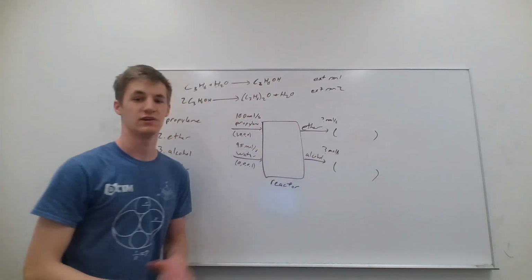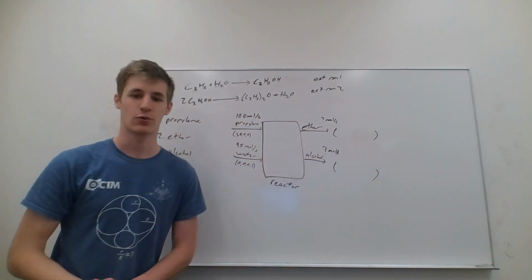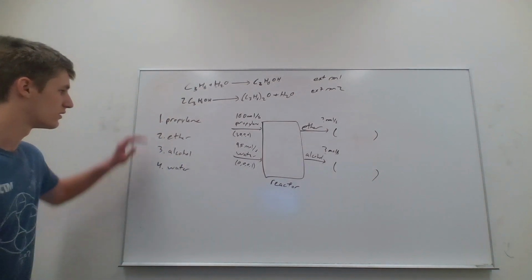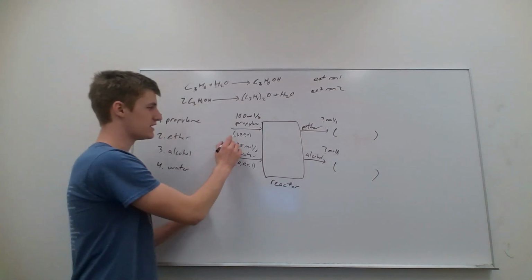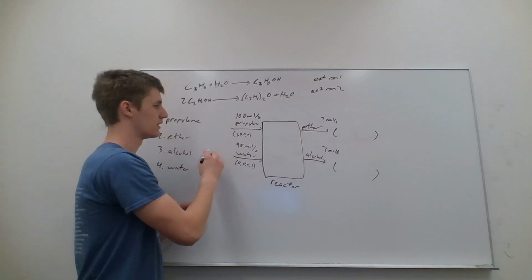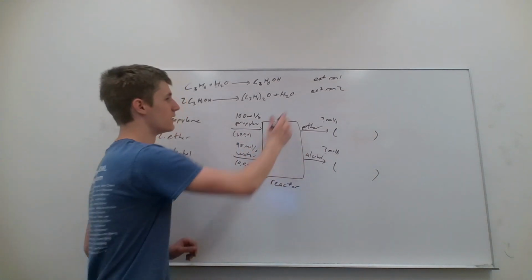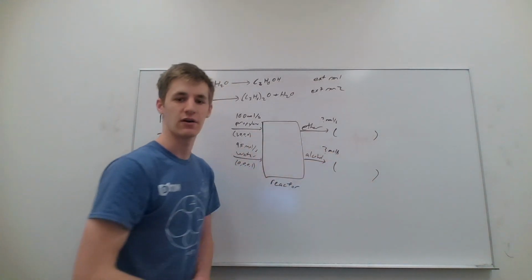Now what we want to do is make sure we have the same number of unknowns as equations. So if we look at how many components we have, 4 components, right? And each of these components has an equation where we have some flow going in, we have an extent for the reaction, and some flow going out, right?